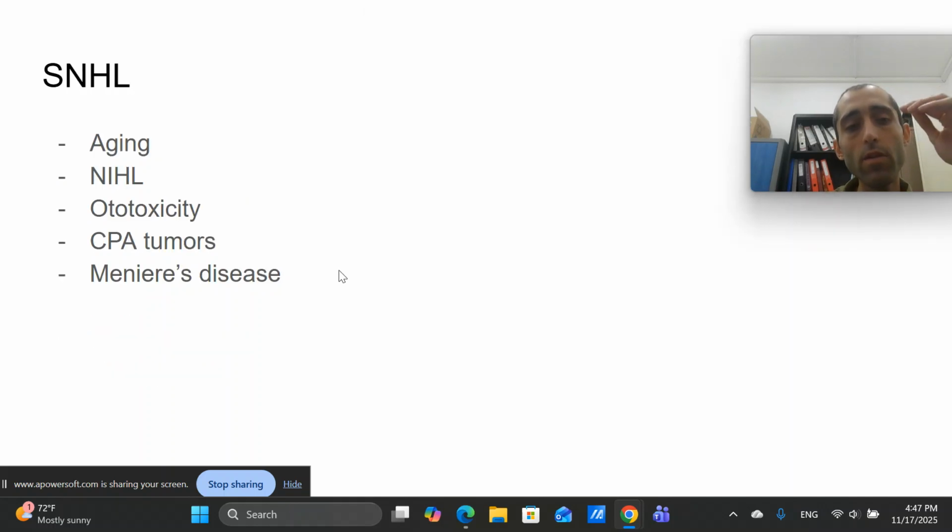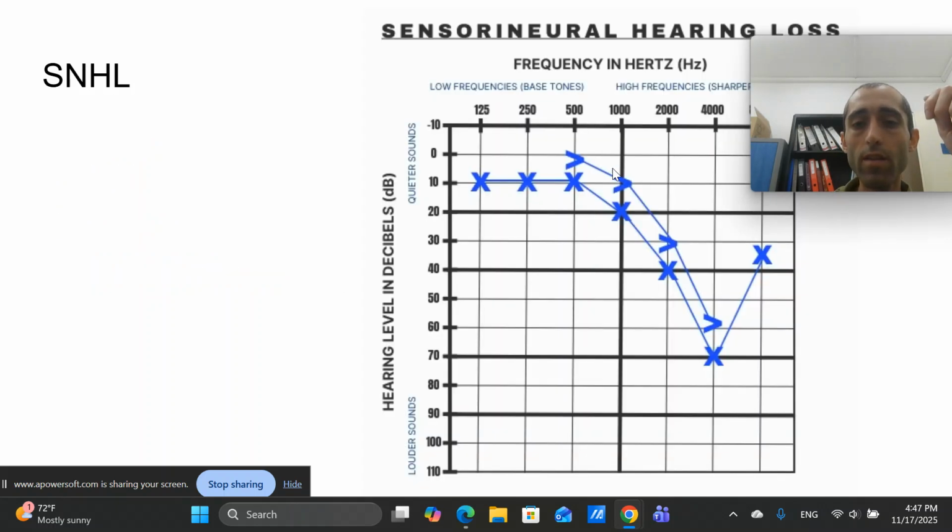Now, Meniere's is special because usually sensory neural hearing loss tends to affect the high frequencies. It's more typical for sensory neural hearing loss to affect the high frequencies. Maybe it's because the base of the cochlea is much closer to the oval window, so it gets most of the energy, so it can be damaged.